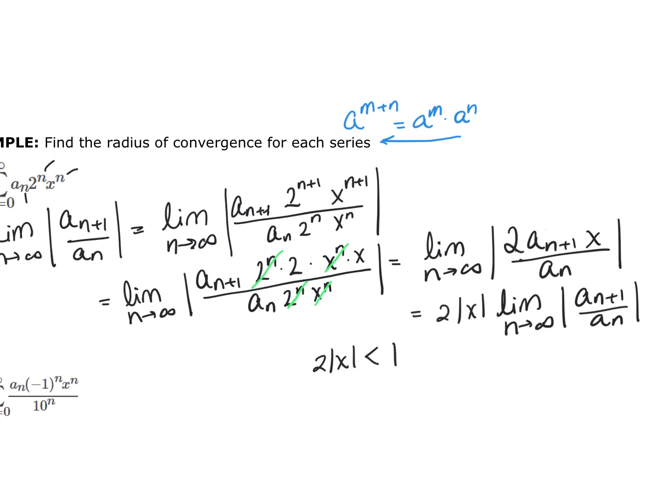I can ignore the limit part because the limit part is going to be equal to rho. The limit as n goes to infinity of a sub n plus 1 over a sub n is rho. That's from my ratio test from the last part, 5.5, 5.6.